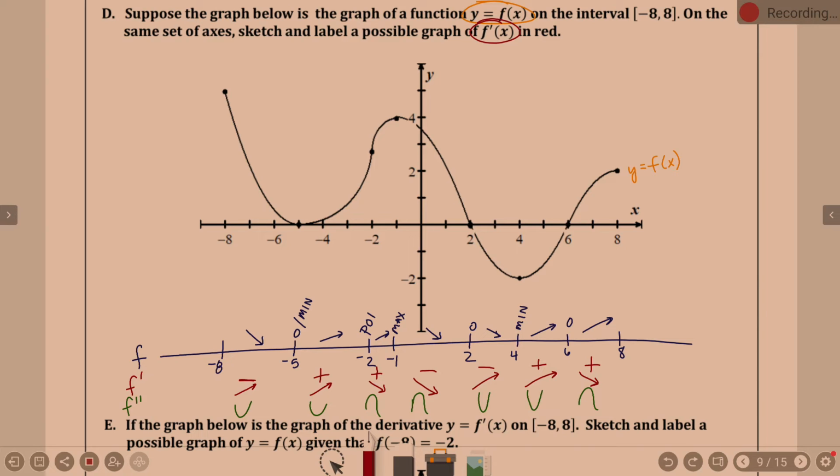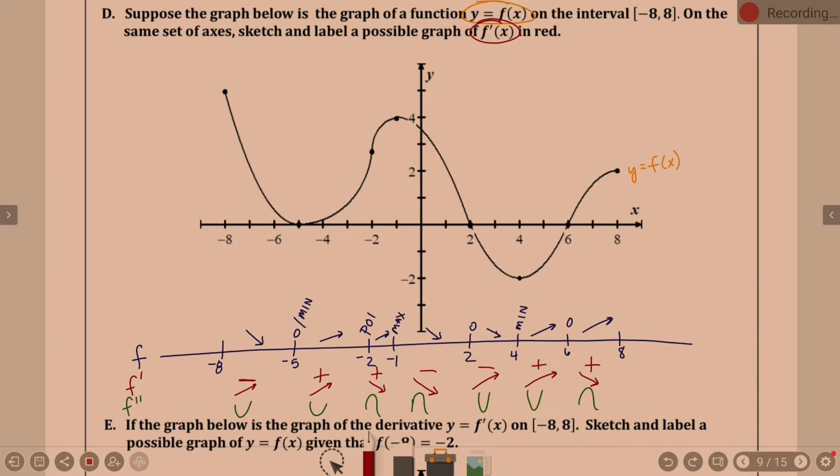In the blue, what I was doing is giving information based on the original graph. From here, it was decreasing, then increasing, decreasing, decreasing. That was just information there.